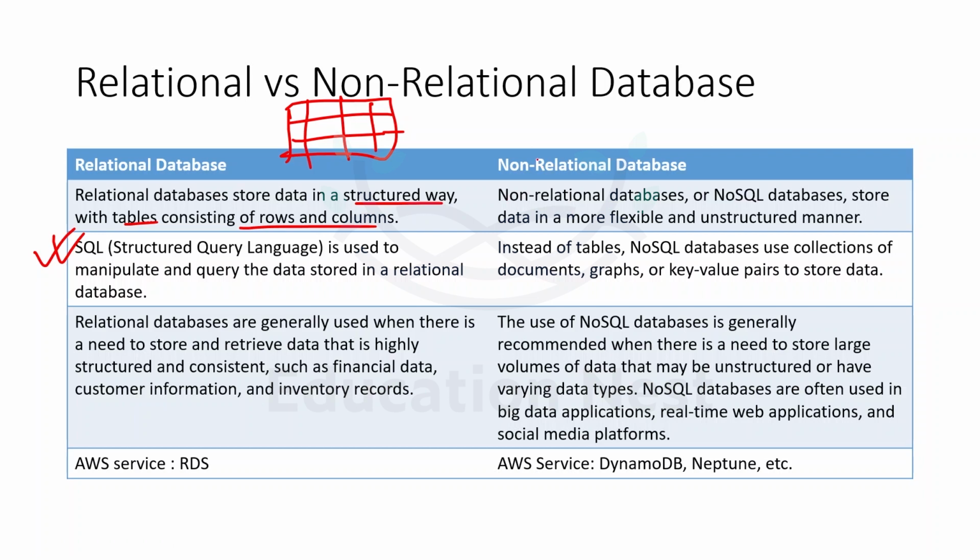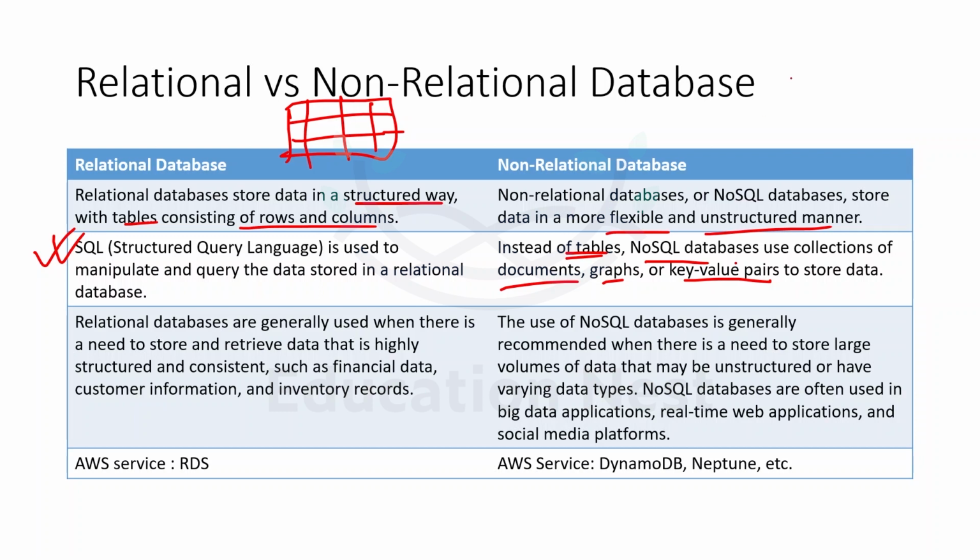On the contrary, when we talk about non-relational or NoSQL databases, we store data in a more flexible and unstructured manner. As I already told you about semi-structured data, the data which is in key-value pairs, JSON documents, or in the form of graphs, is called semi-structured data, and we store that data in NoSQL databases instead of tables.